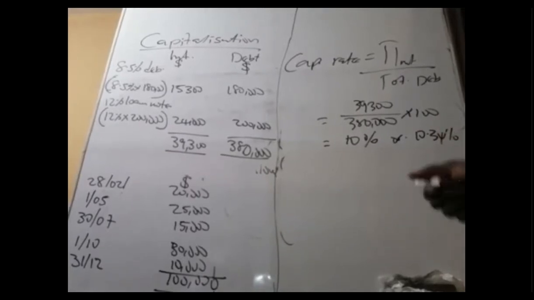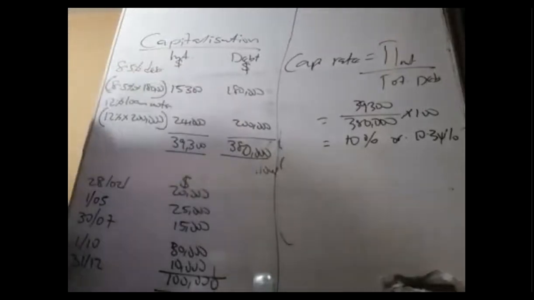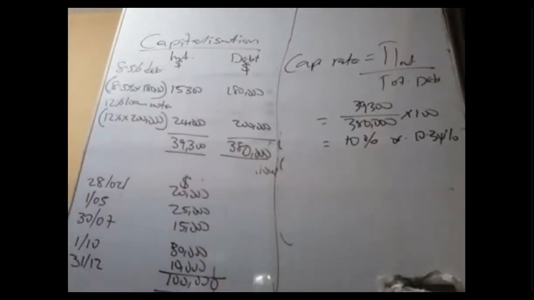Okay, now let's come here. That's the first thing we have to do right after calculating the capitalization rate. Right after calculating the capitalization rate, you move on. Just a second.